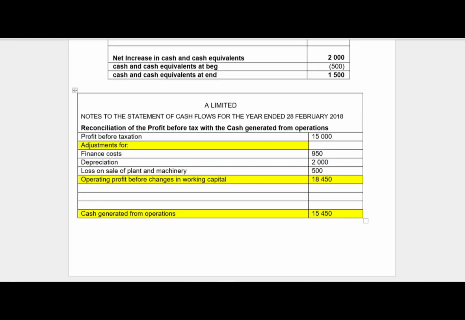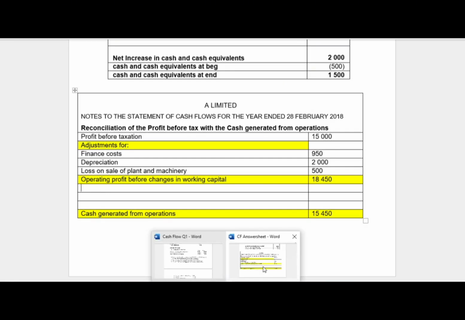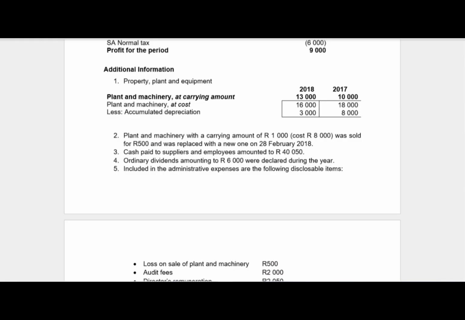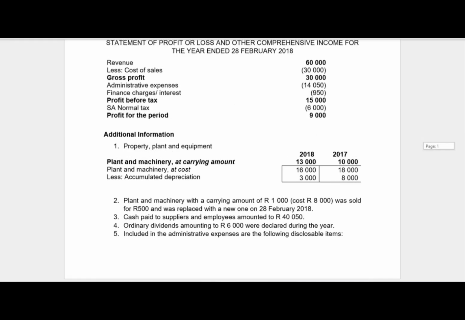All right, and then now the things that we must consider are the change in inventory, change in our debtors, and change in our creditors. So let's start with the inventory. Change in our inventory, we're going to determine whether it's an increase or decrease, and we're going to check that from our financial position.